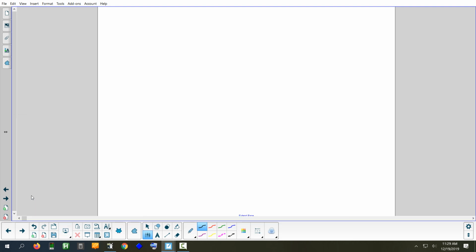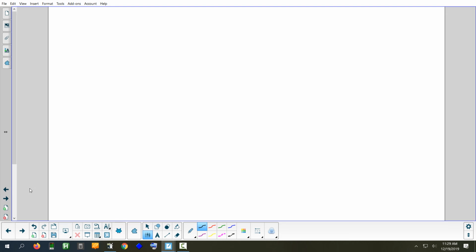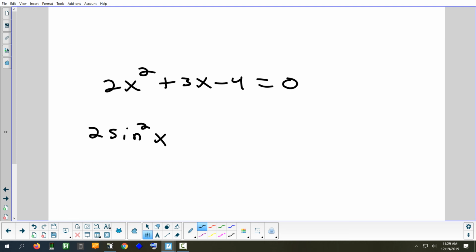Well, if you had something like this, 2x squared plus 3x minus 4 equals 0. If you know how to solve that with quadratic formula, then you know how to solve this. 2 sine squared plus 3 sine minus 4 equals 0. That's the same problem. It's exactly the same problem.